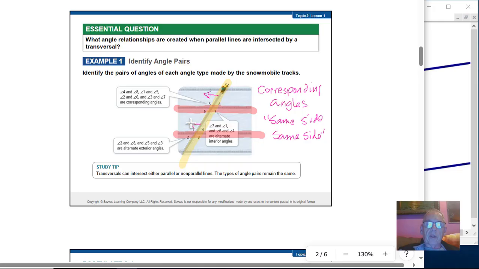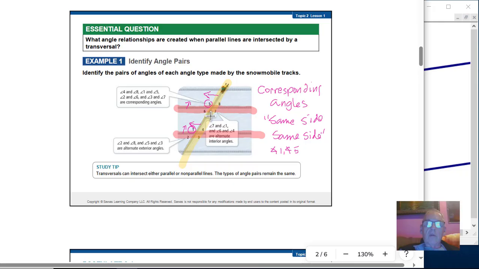So let's look here to the left. And the same side of the parallel lines. Let's look above. So angle 5 is to the left and above, and angle 1 is to the left and above the other parallel line. So we would say that angle 1 and angle 5 would be a pair of corresponding angles.